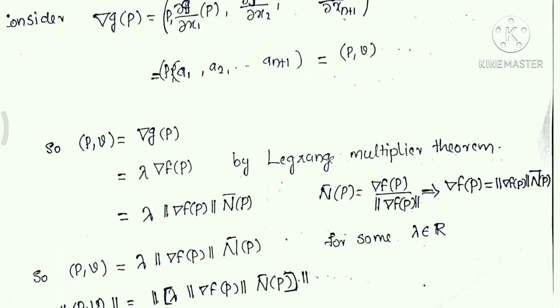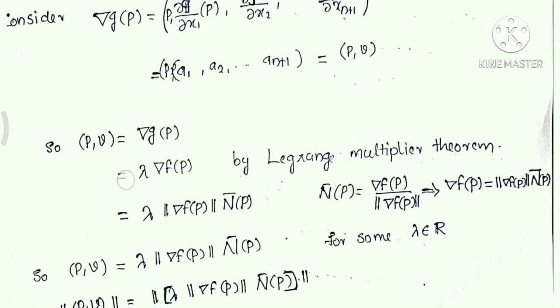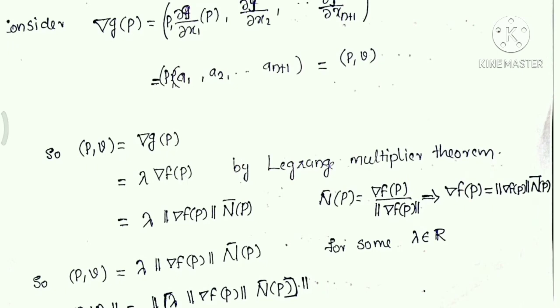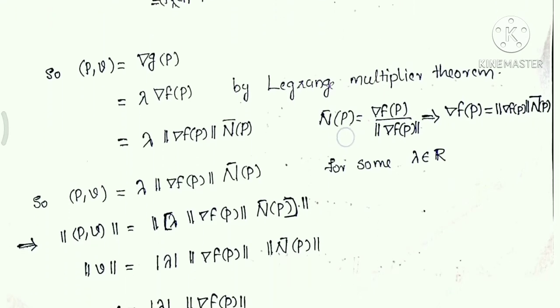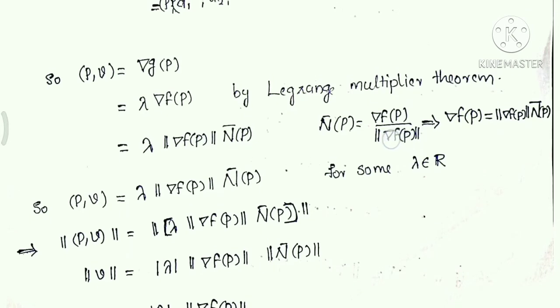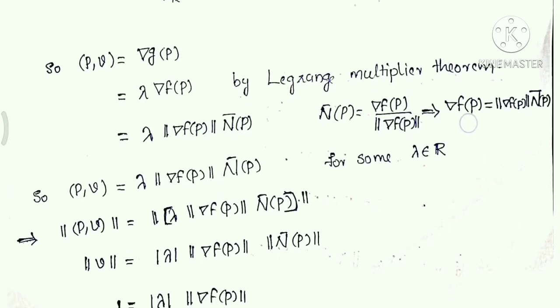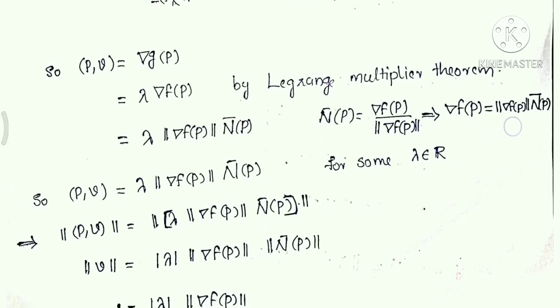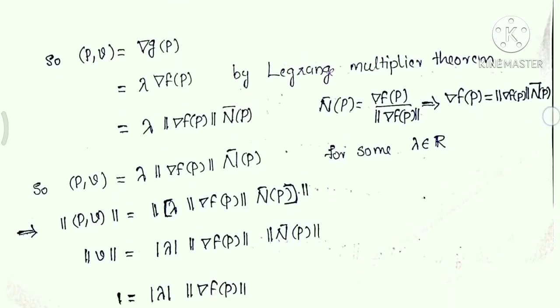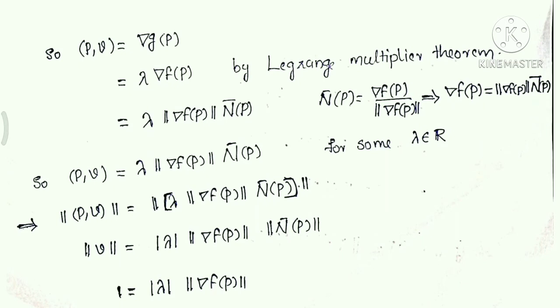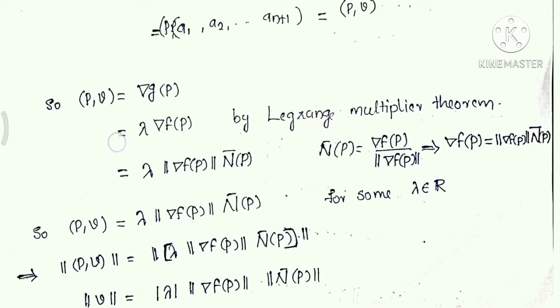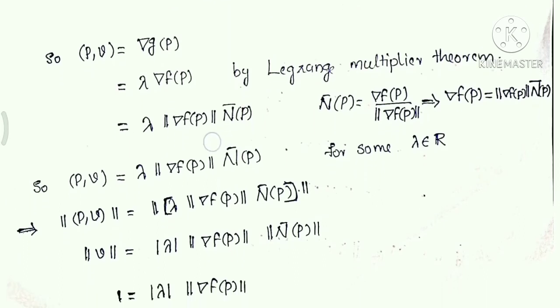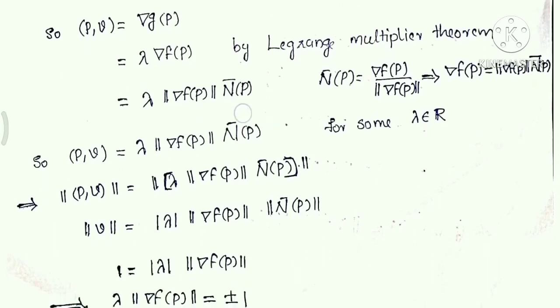By using this we can say that del g(p) is equal to lambda del f(p) for some scalar lambda in R, and n(p) is equal to del f(p) by norm del f(p), which implies del f(p) is equal to norm del f(p) times n(p). So lambda times del f(p) is equal to lambda times norm del f(p) times n(p).